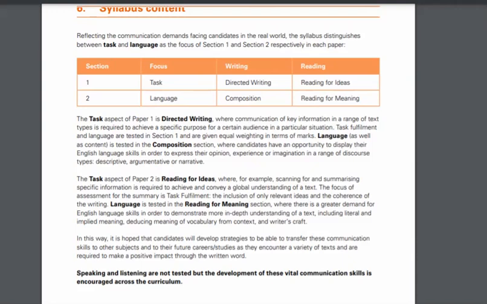In this way, it is hoped that candidates will develop strategies to transfer these communication skills to other subjects and to their future career studies, as they encounter a variety of texts and are required to make a positive impact through the written word. Speaking and listening are not tested, but the development of these vital communication skills is encouraged across the curriculum. That is, I will encourage you to speak in English while you are taking your English lesson.